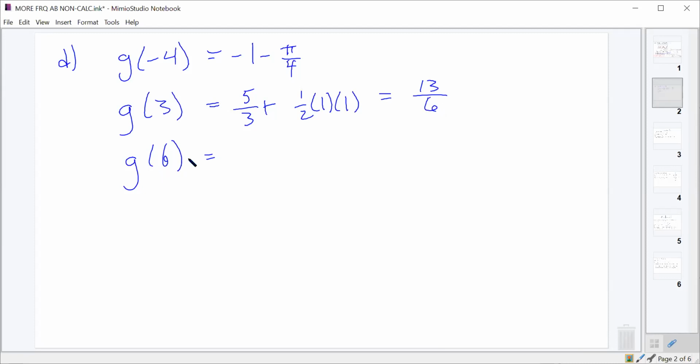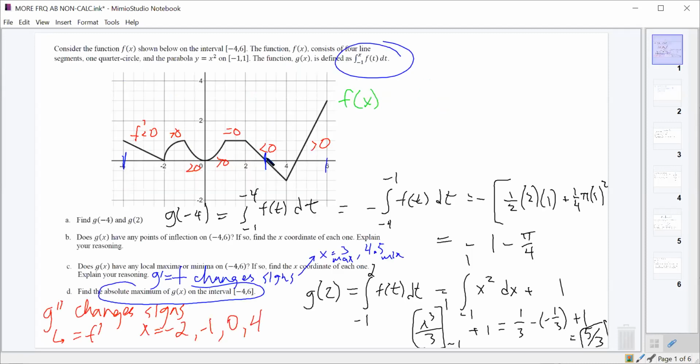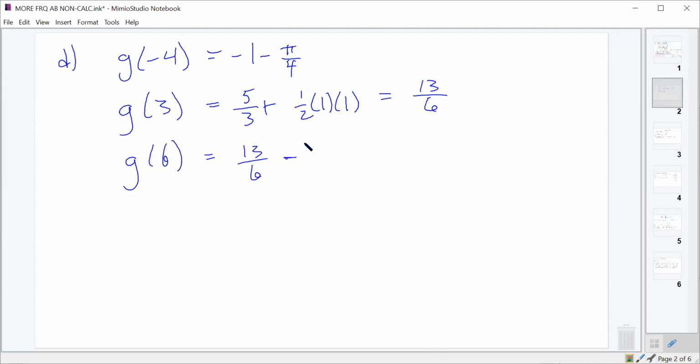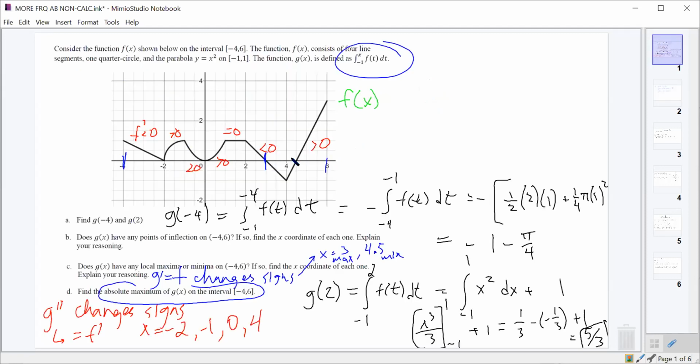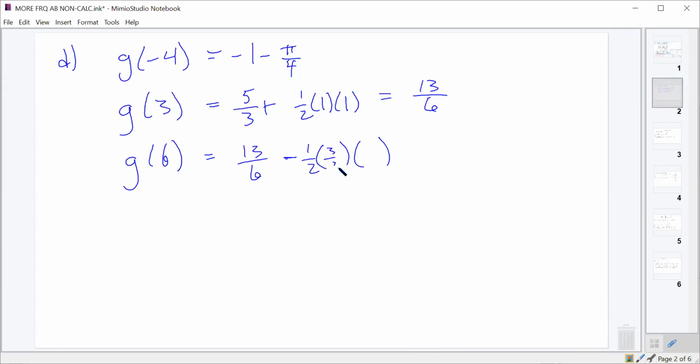Yeah. And then to find G of 6, well, G of 6 is just G of 3 plus whatever we get between 3 and 6. So we'll start with 13/6. To get G of 6, we have to take this piece that's below, that's negative. So we're going to subtract 1/2 the base times the height. And if you look at the triangle, the base is 1.5 or 3/2, and the height is 1. And then we've got to add the other piece, which is another triangle, 1/2 base times height.